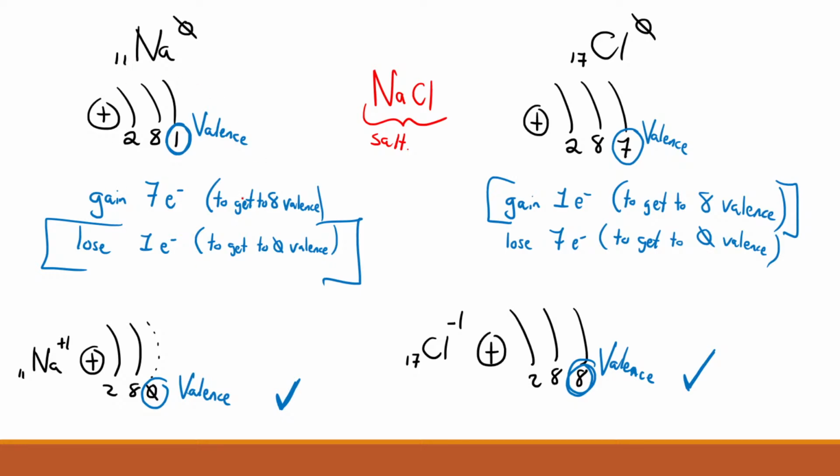Sodium acts the way it does because it needs to lose 1 electron. And as we move forward and get into our next unit about the periodic table and the patterns and the trends that we see, we will see this at the root of it all. The idea that filling or emptying a valence shell is the most important thing to the stability of an atom.